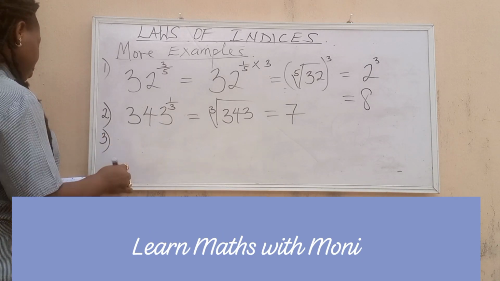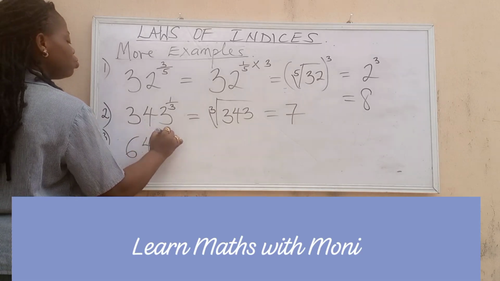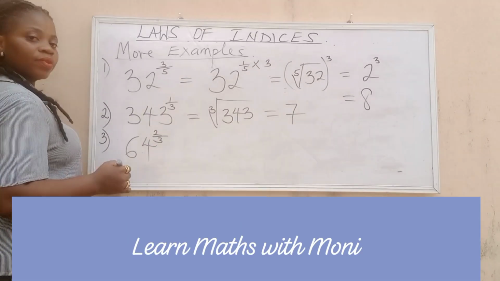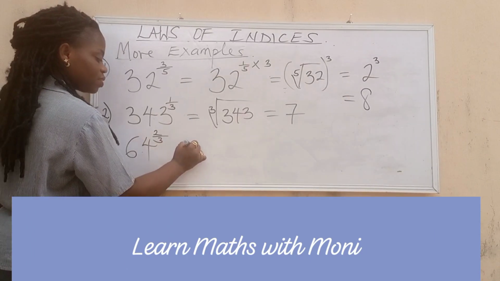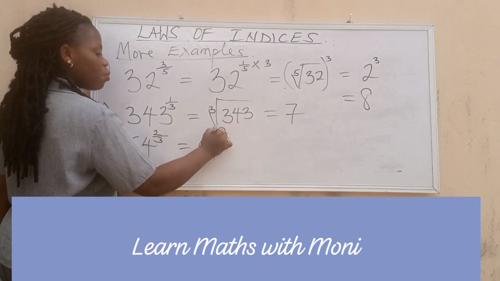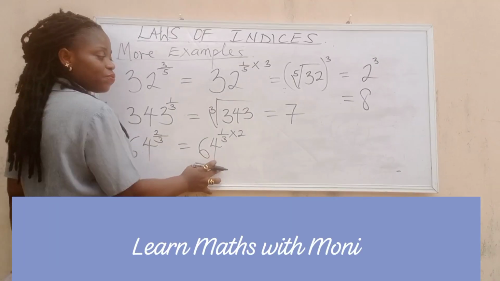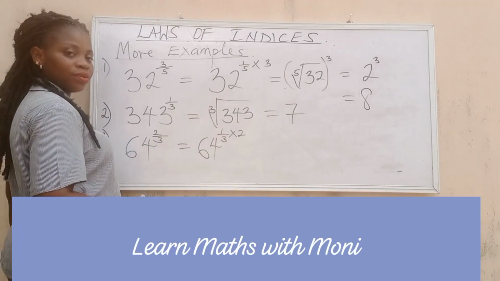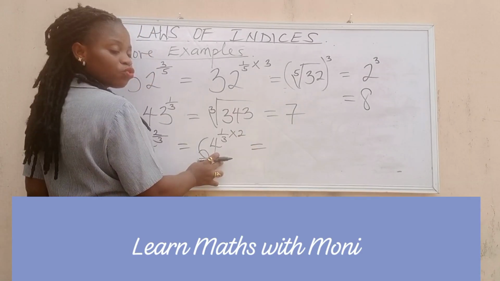Number 3, I have 64 raised to power 2 over 3. That is the fractional index law. This can be written as 64 raised to power 1 over 3 times 2. 64 raised to power 1 over 3 is equal to the cube root of 64.